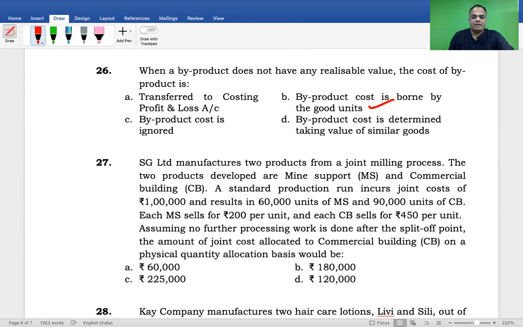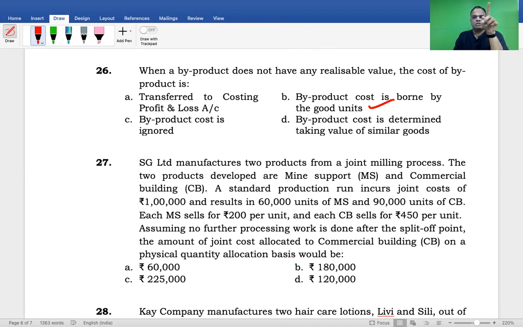Next. SG Limited manufactures two products from a joint milling process. The two products are MS, mine support, and CB, commercial building. The standard product run incurs a joint cost of 1 lakh and results in 60,000 units of MS and 90,000 units of CB.